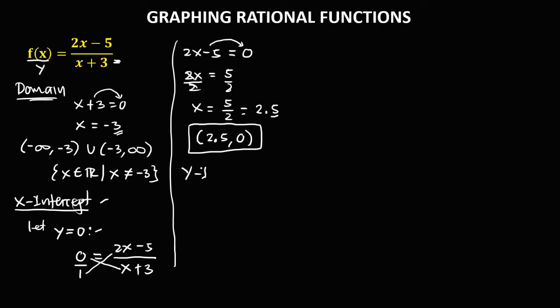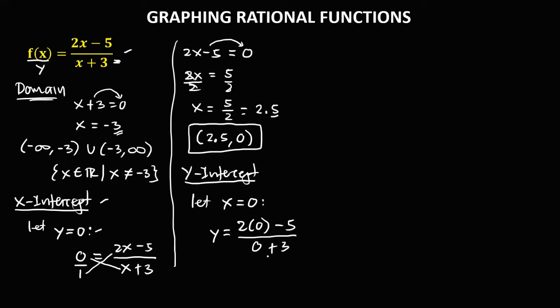Then to solve for the y-intercept, we let x equal 0. From this equation, y equals 2 times 0, because x is equal to 0, minus 5, over 0 plus 3. Then simplify: this one is 0, this one is 0, so y is negative 5 over 3.